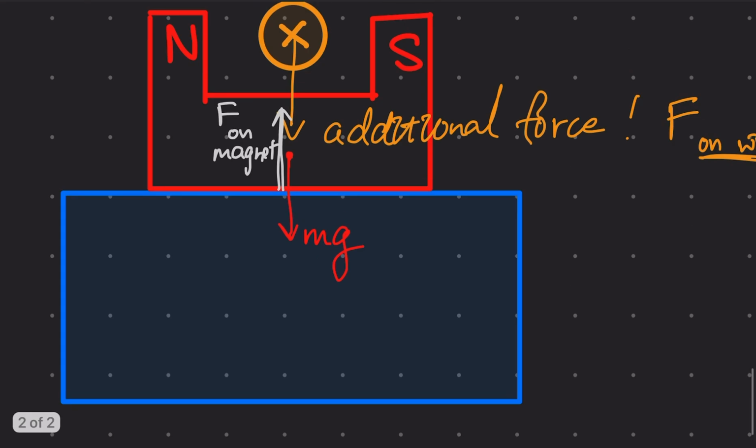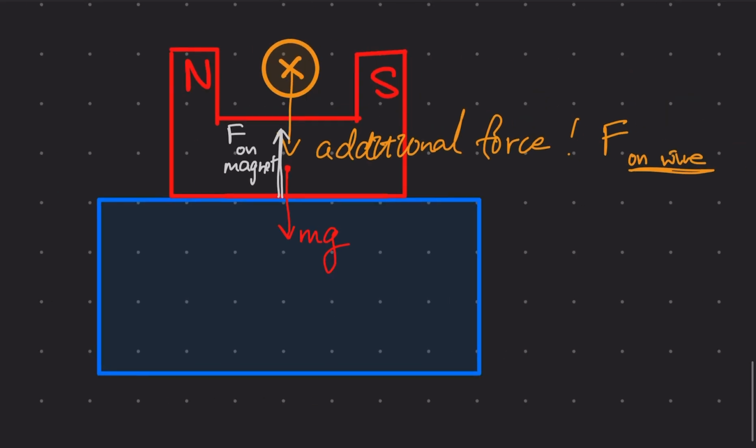Okay, now focus on the magnet. Let's ignore everything else. Ignore this force. Then let's just look at the magnet. So these two forces, the white one and the red one.